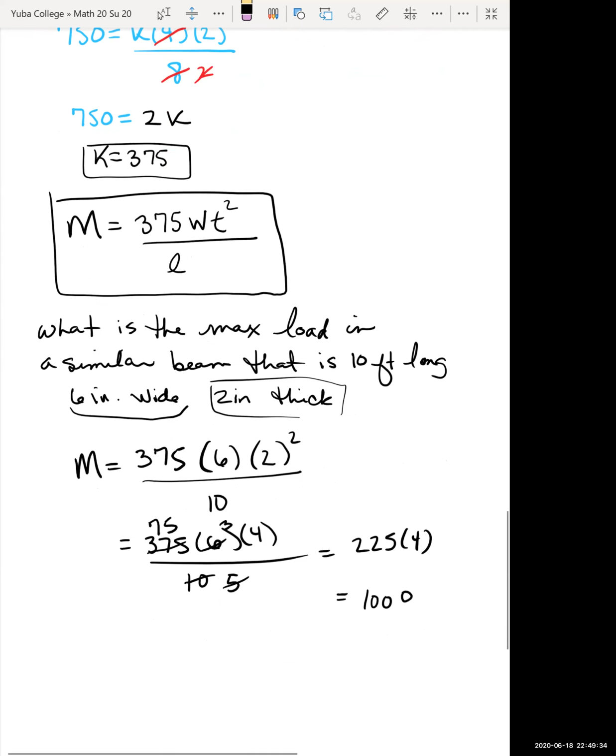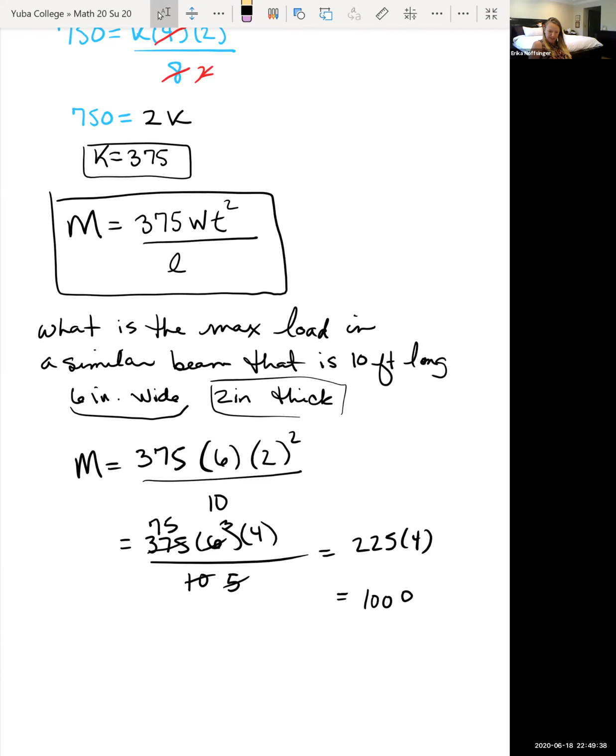I plugged it in the calculator and got 900. I was hoping I could do that without the calculator. Okay. Somewhere I went wrong. Oh well. And I was trying to go fast too. Okay, let me just erase that.